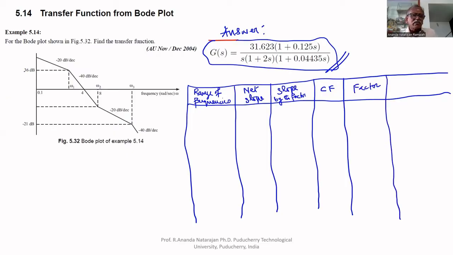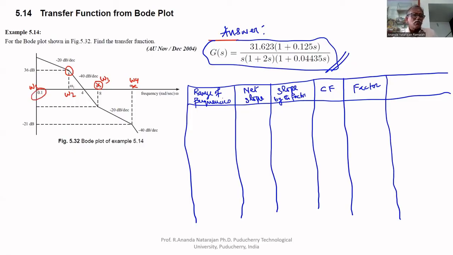The range of frequency, let us call this omega 1. Here is another corner frequency, omega 2, another corner frequency, omega 3, and this is omega 4. That's all. Here, the value 0.1 is given.